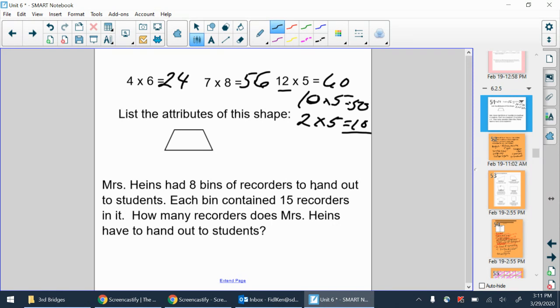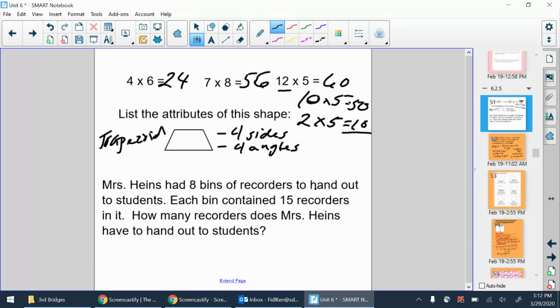All right, list the attributes of this shape. So hopefully you were able to look at it and know that it is indeed a trapezoid. And what do we know about trapezoids? We know that there are 4 sides. We know that there are 4 angles.